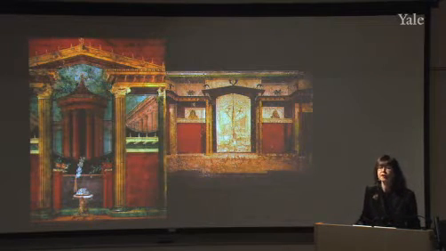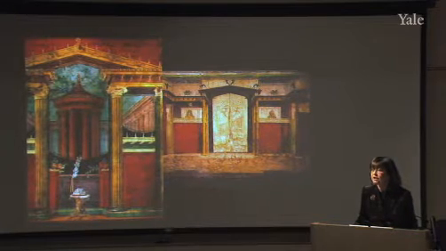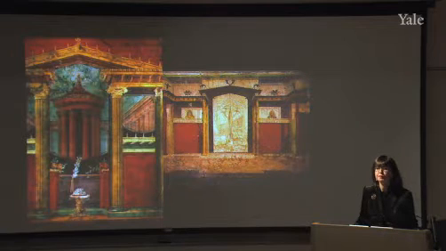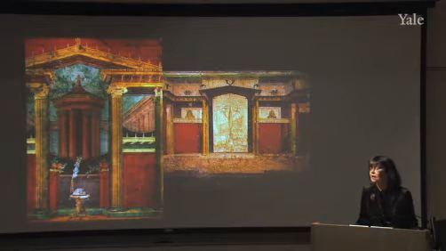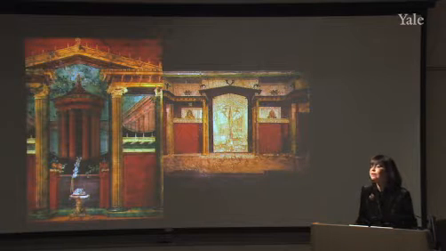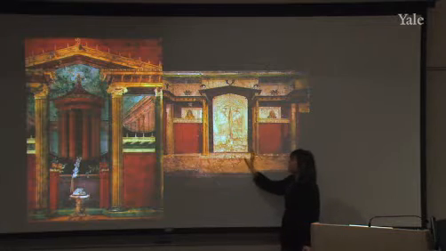We also talked about the relationship between 2nd style Roman wall painting and theatrical architecture. They may have been looking at actual theaters, possibly in wood, possibly in other more permanent materials that no longer survive, or they may have been creating this in part out of whole cloth. So this connection to the theater.